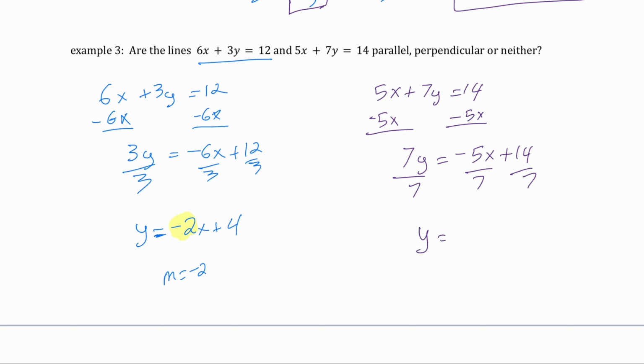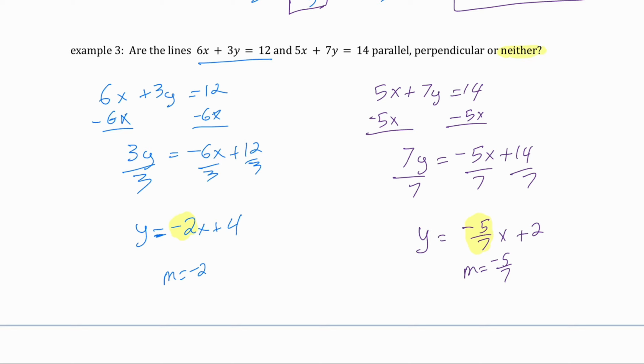We get y equals negative 5 over 7 x plus 2. Now, the thing with this equation is the slope is negative 5 over 7. So we end up with this thing where the slopes are not equal. They're not opposite reciprocals. So really, these two lines fit the neither category.